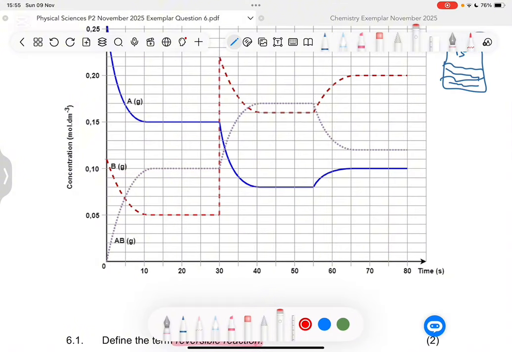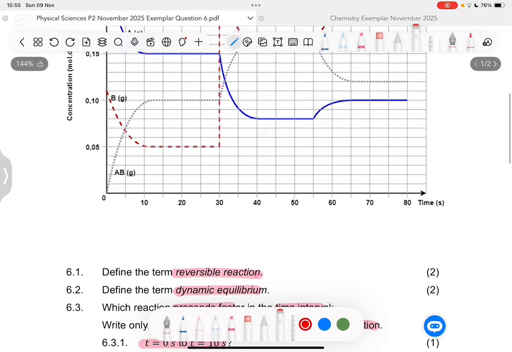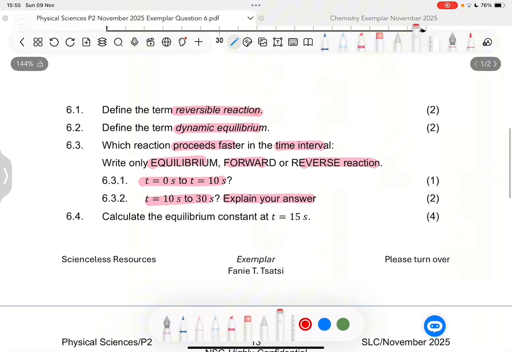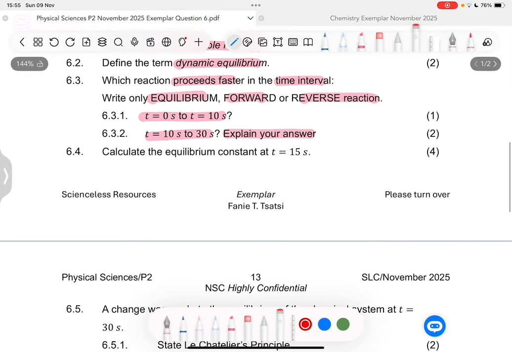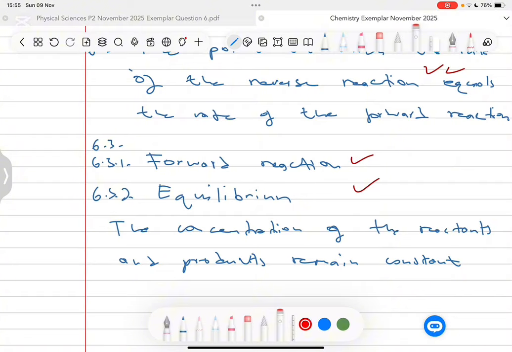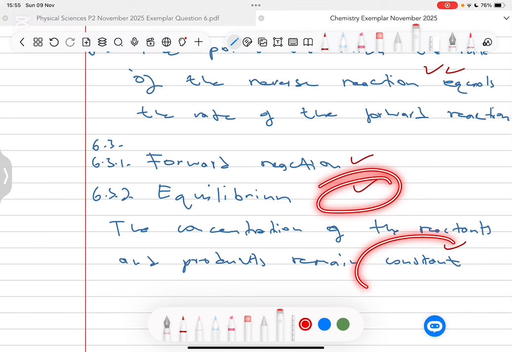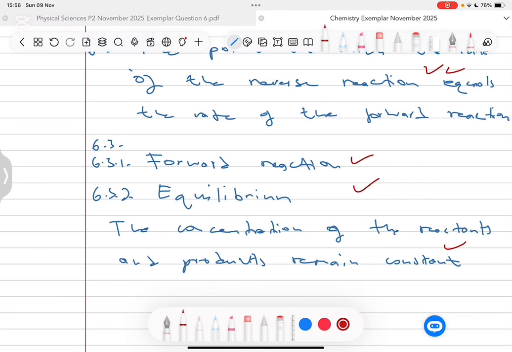That tells you that the Kc doesn't change. It remains the same. That's why the forward and reverse reactions are occurring at the same rate, and hence we call that equilibrium. With this one, you'll get an additional mark. That's why this one is 2 marks: 1 mark for answering and 1 for explaining.